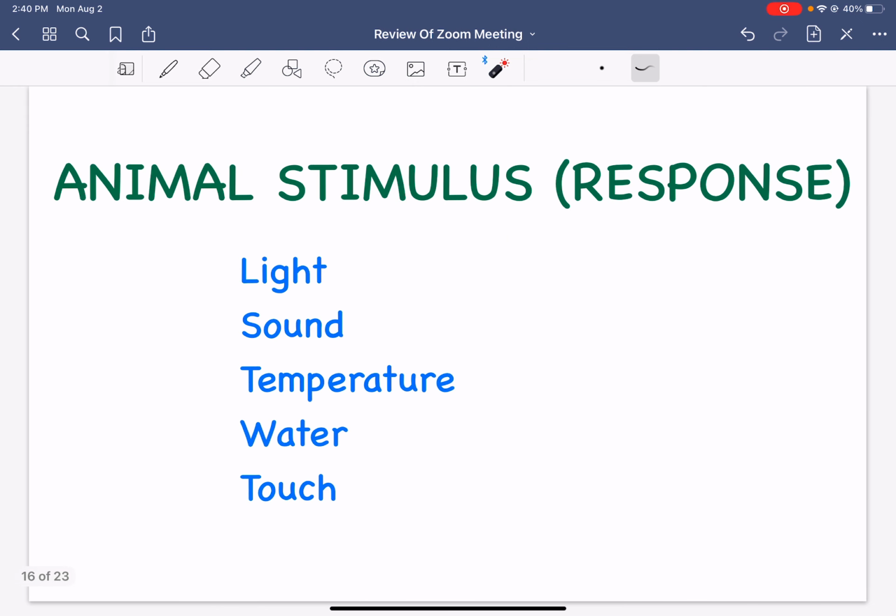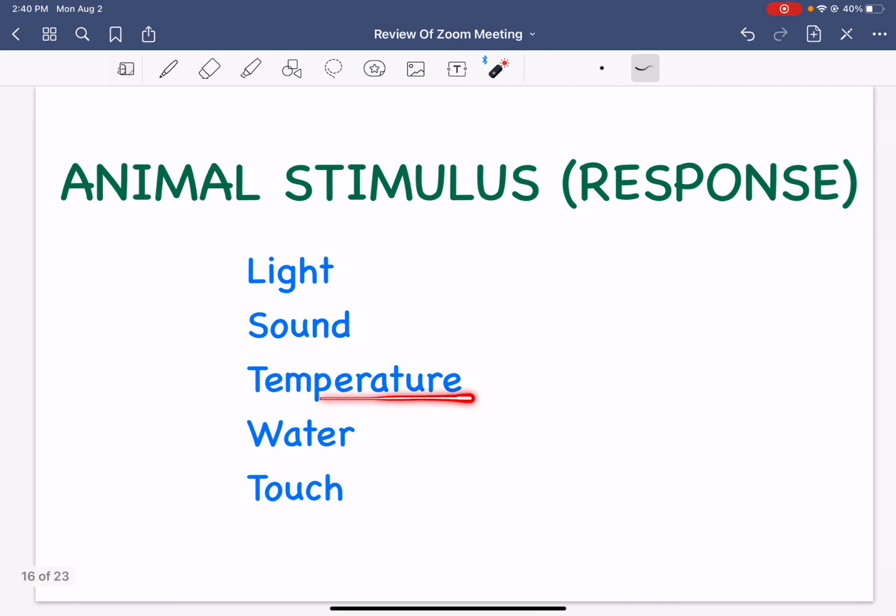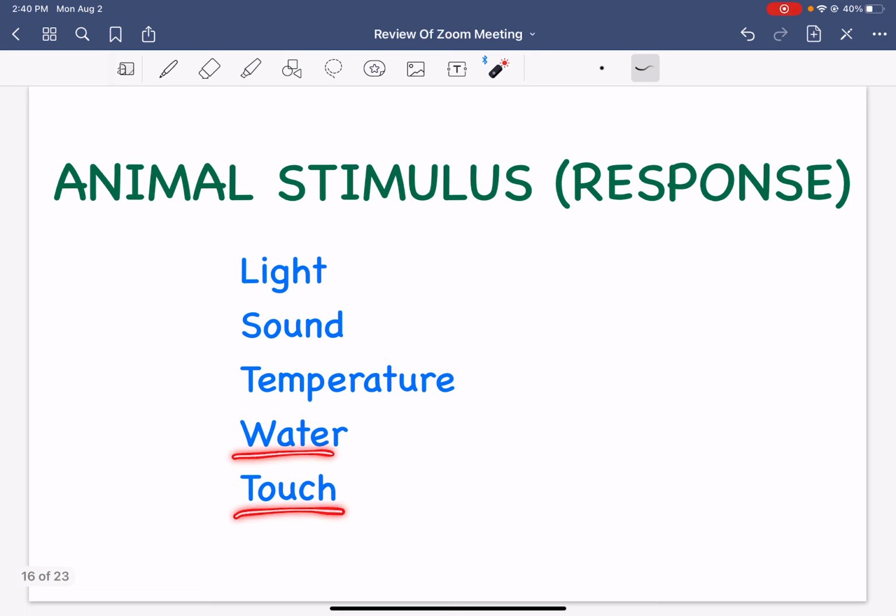So these five things now. Animal stimulus response. Just like plants, animals have stimulus as well. So remember, from plants, we have light, temperature, water, and touch.